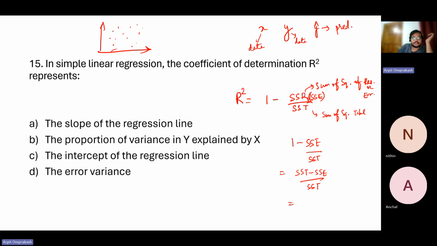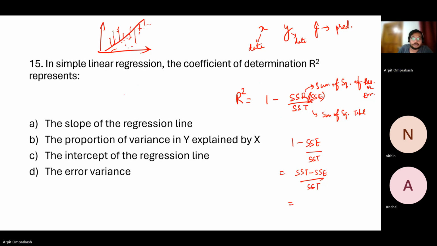Basically if you have data like this, and let's say you fit a line like this, the error of all the points from your line is, actually that's not the total, that's the sum of squares of errors or sum of squares of residuals, right?